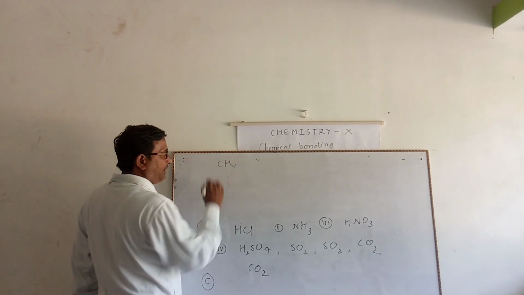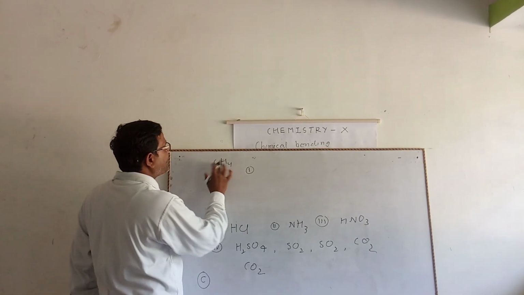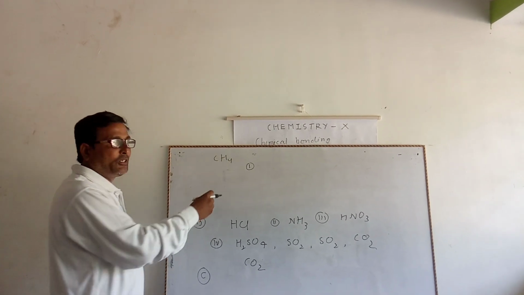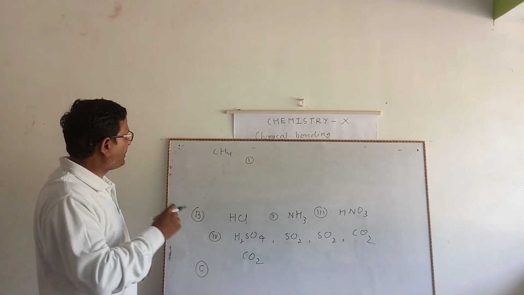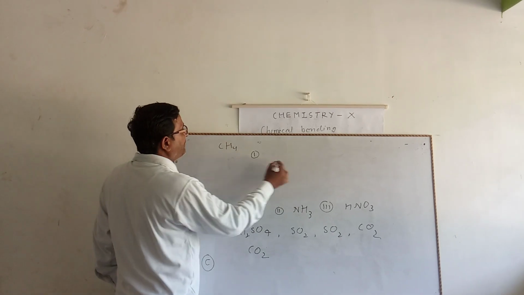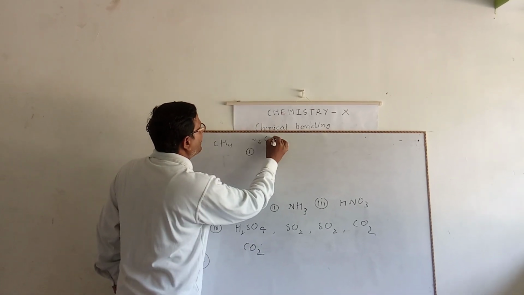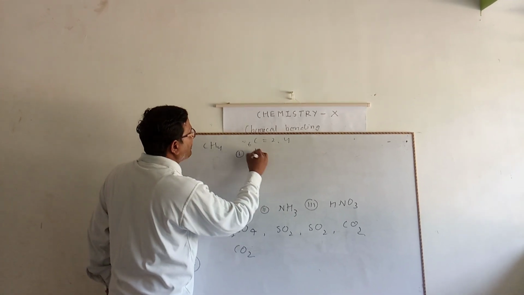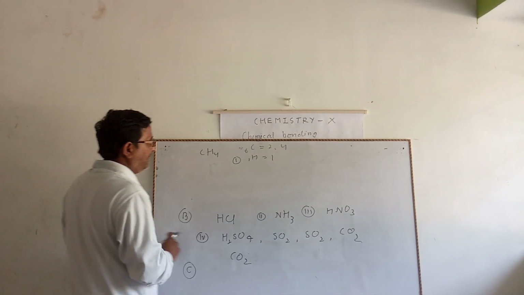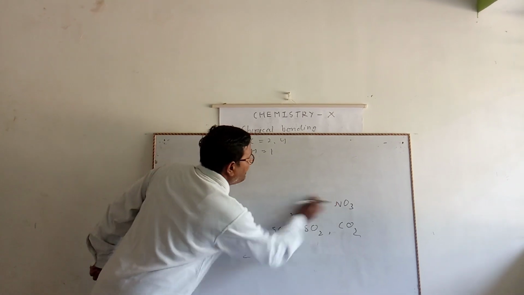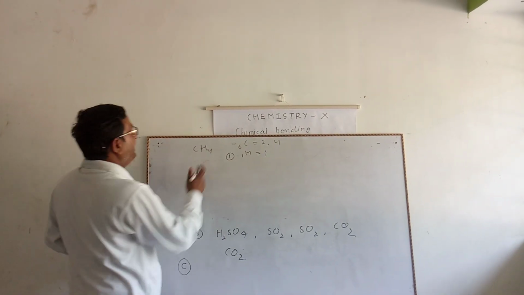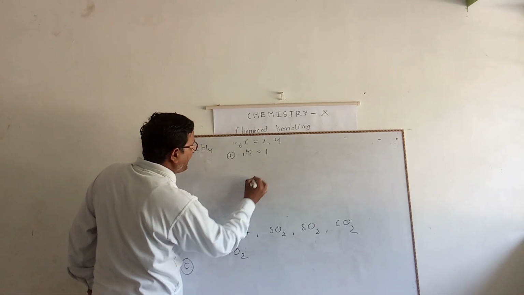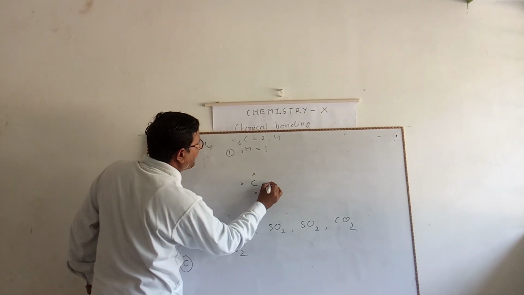Formation of methane, CH4. First, you write the electronic configuration of the elements which are taking part in the formation of the molecule. Carbon, you already know, is 6, with 2 and 4 electrons, so 4 electrons in its valence shell. Hydrogen has only 1 electron in its valence shell. Now, CH4: one carbon having 4 electrons in its valence shell.